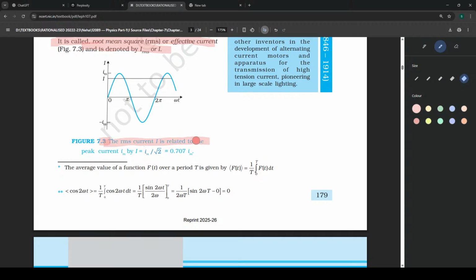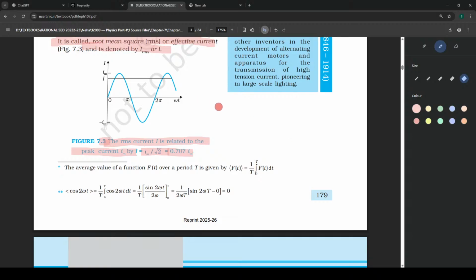The RMS current is related to the peak current Im by I equals peak current divided by root 2. Then we will get the RMS value. When we divide the peak current value by root 2 or the peak voltage value by root 2, we will get the IRMS and VRMS values.